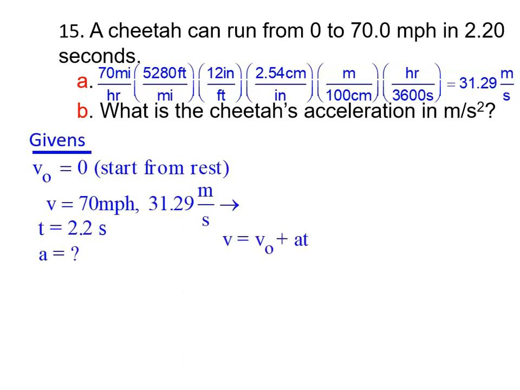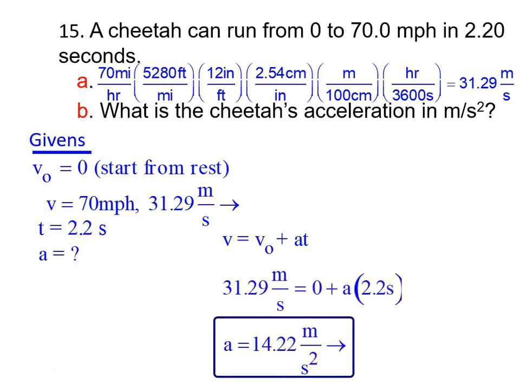That's the equation that we're going to need here. This is the only one of our basic kinematics formulas that does not have delta x in it. So since the problem doesn't have delta x listed anywhere, including in the unknown, we want to use this equation. So plugging in numbers, we get that the acceleration is 14.22 meters per square second.